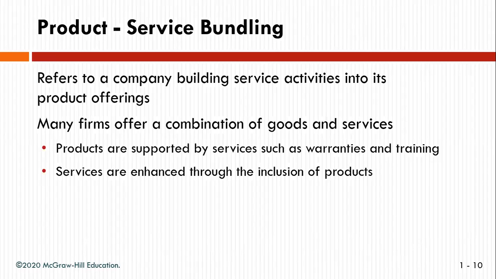Usually you don't purchase a product if there is no 1-800 number service or maintenance service, something like that. So many firms offer a combination of goods and services. Products that are supported by service such as warranties and guarantees and training. Services are enhanced through the inclusion of the product. So in order for them to be competitive, they provide some kind of a service behind the product they are selling.